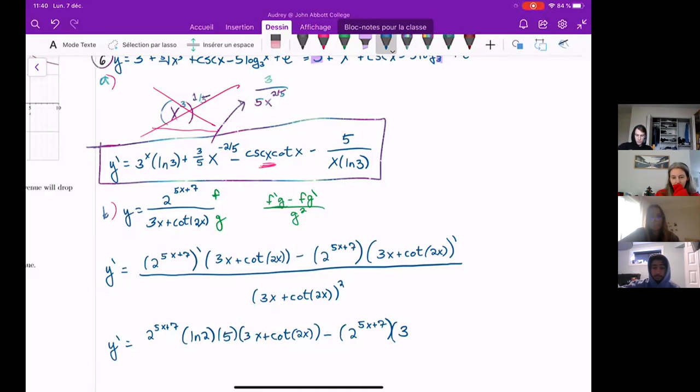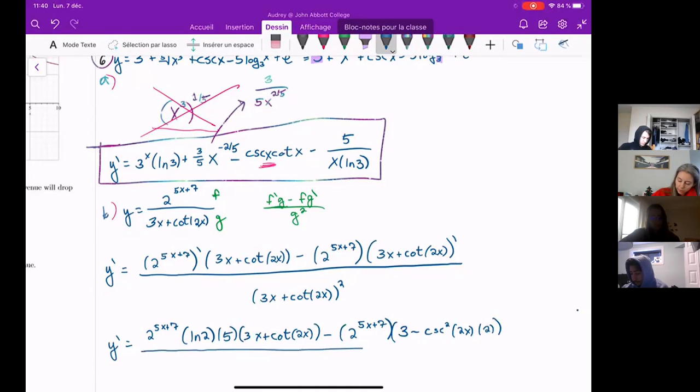Yes, Matt, good. Almost. Yeah, there you go. Yes, Michael. Okay, so it's negative cosecant squared of 2x, and then we have to multiply by 2 because we have a chain rule.